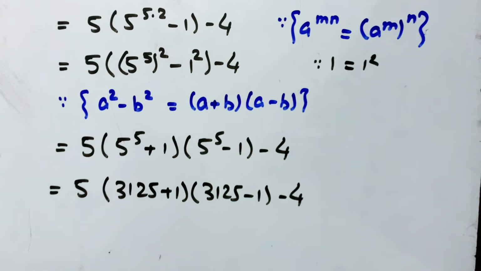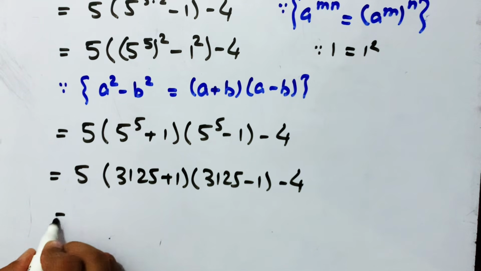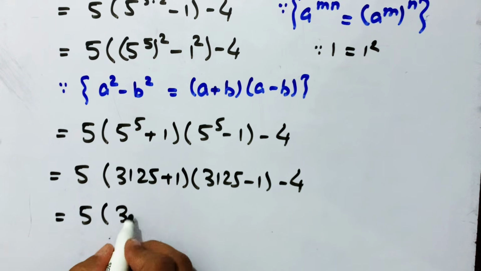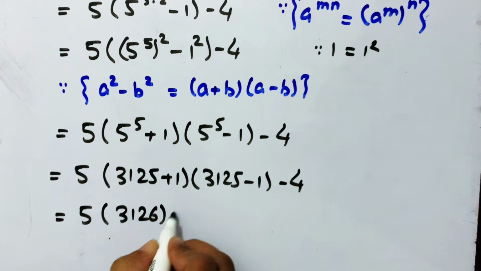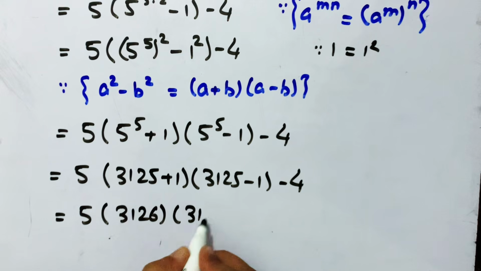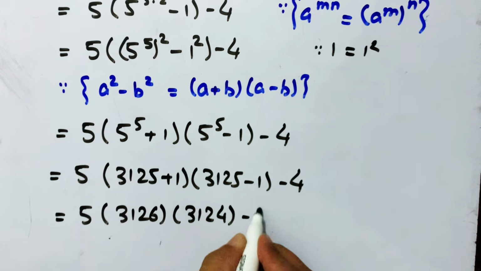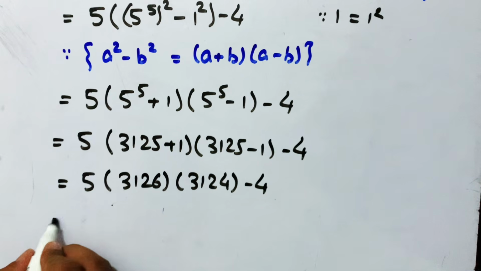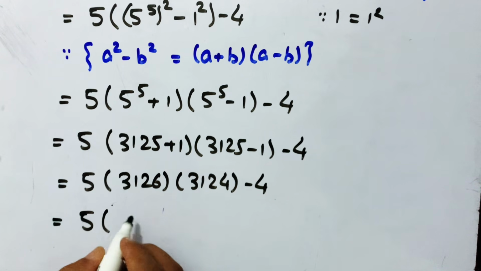Further solving, plus 1 is 3126 and minus 1 is 3124, minus 4.